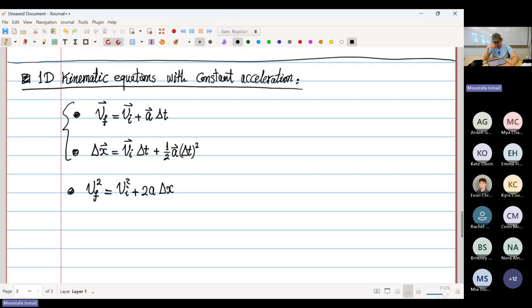In this equation, I haven't written down the vectors. Here, v final squared doesn't distinguish between positive or negative velocity because it's squared, so if there is a negative, it will just go away. For acceleration and displacement, you should have them as vectors, so I can write a dot delta x, and this is a dot product.